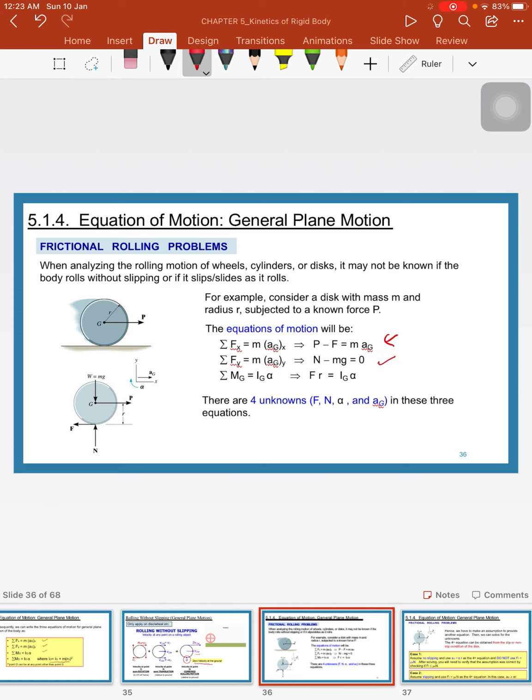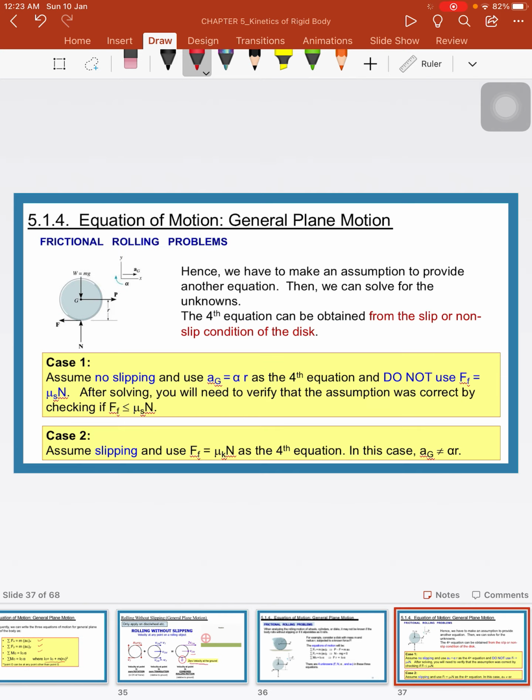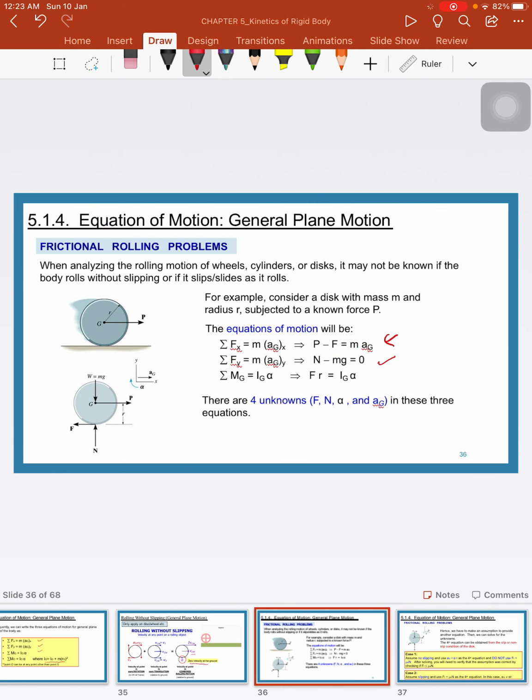Next, one more equation is moment. So moment at G equal to IG alpha. So we have friction force times R equal to IG alpha.